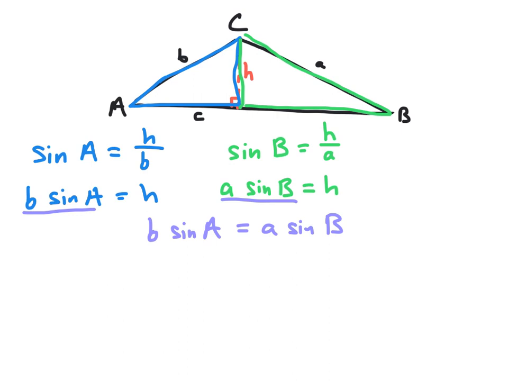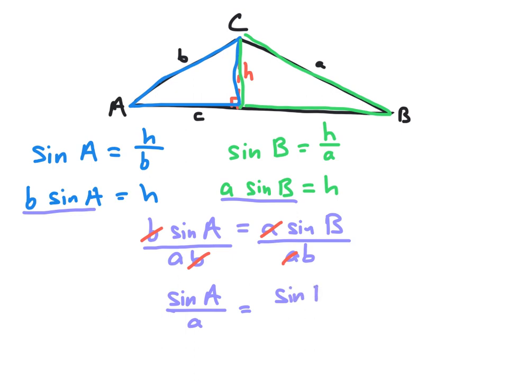Now, if we divide both sides of this equation by the product of the side lengths a and b, we see that here on the left side, the b's will cancel, and on the right side, the a's will cancel. And so what we're left with is the sine of angle A divided by the side length a, and that must equal the sine of angle B divided by the side length b.